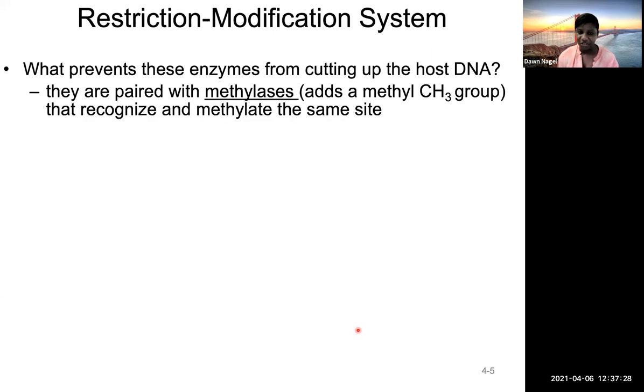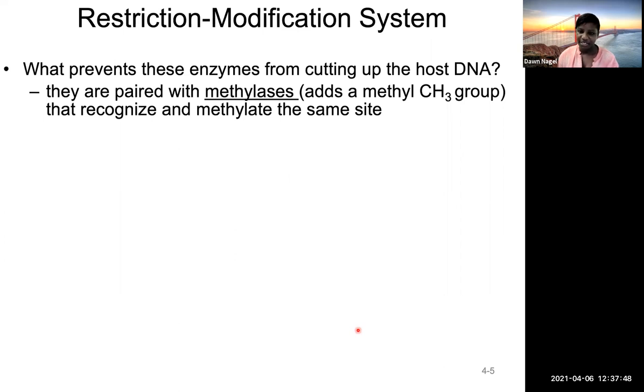So what bacteria have is a system called a restriction modification system, in that these restriction enzymes are often paired with methylases, okay? Methylases are enzymes that add a methyl group to particular bases within the DNA.